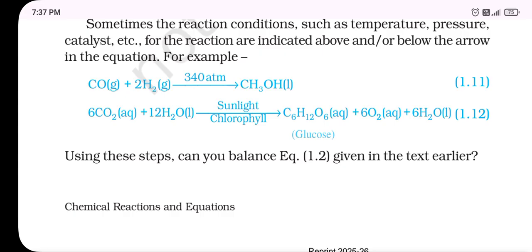6 CO2 aqueous, means 6 carbon dioxide, combines with 12 H2O, which is liquid, in the presence of sunlight and chlorophyll. Here it is the photosynthesis chemical equation.